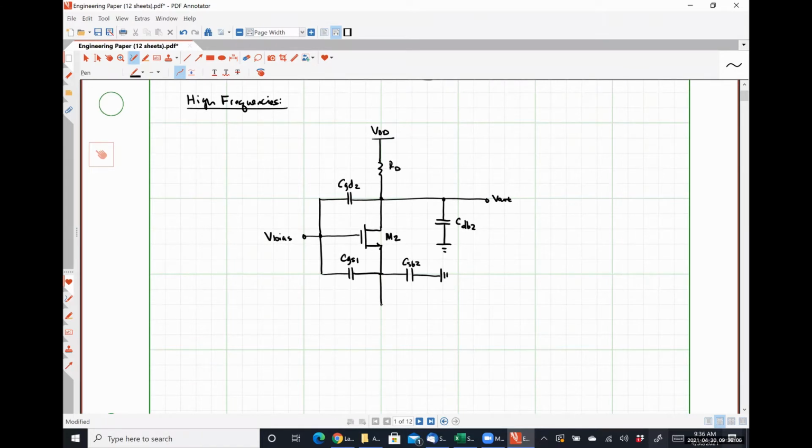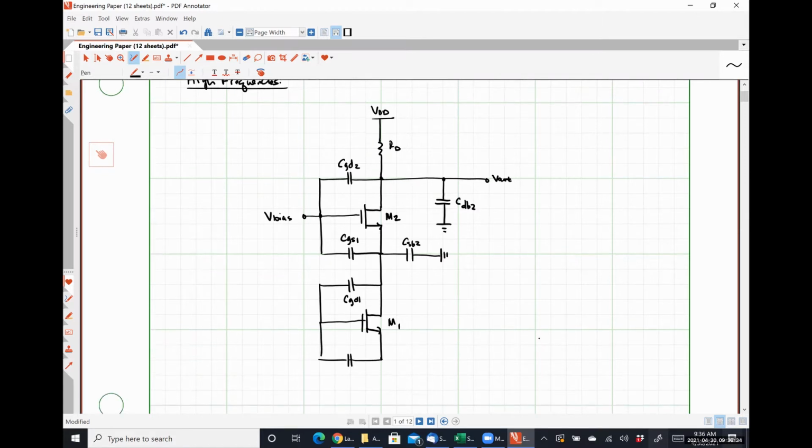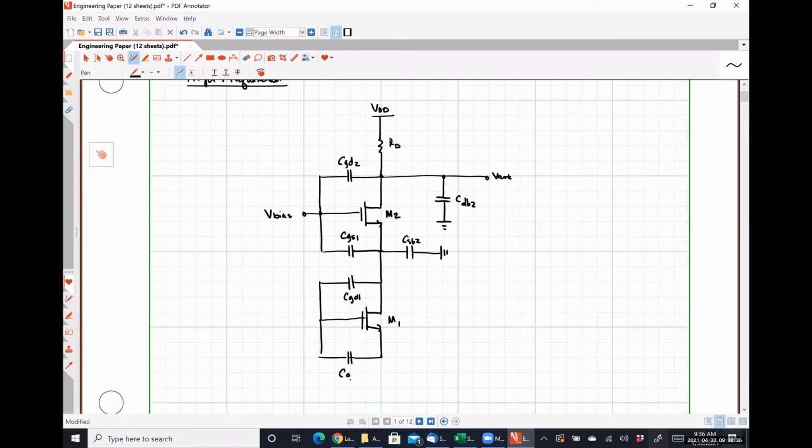Down here is where we've got transistor M1. So we will have some CGD1 that goes here, some CGS1 that goes here.